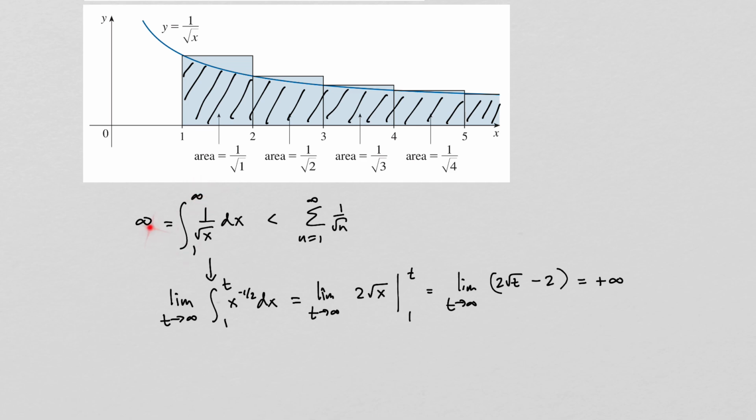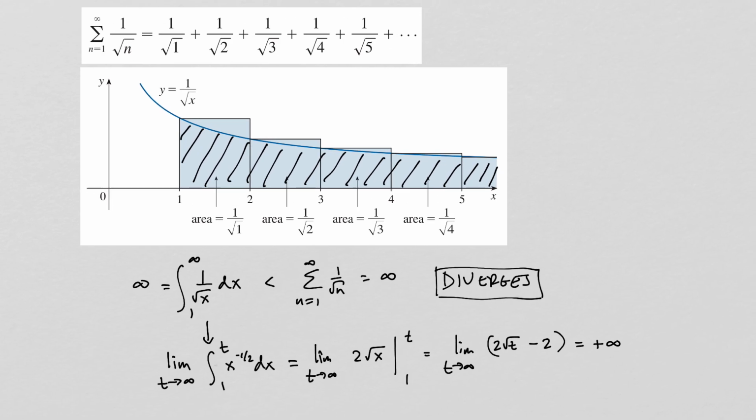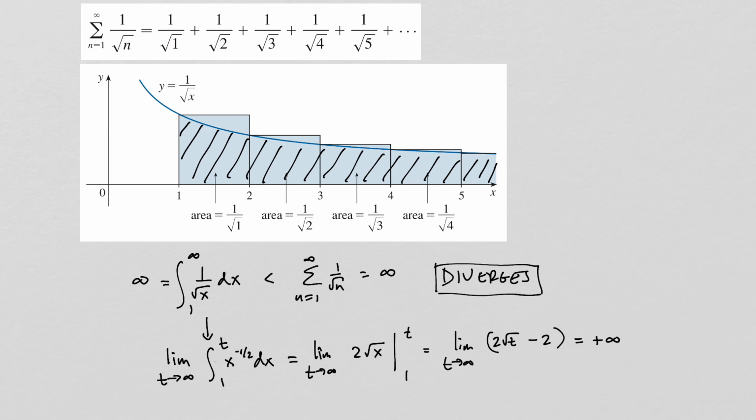So if the integral is infinite, the sum must be infinite as well. And so this series diverges. And so again, the value of the integral and the value of the sum are linked in terms of they either both converge or they both diverge.